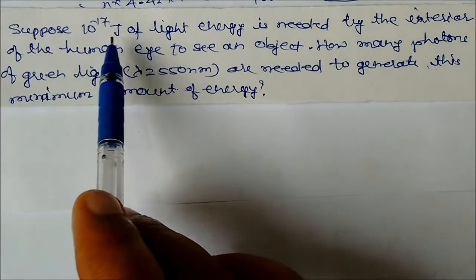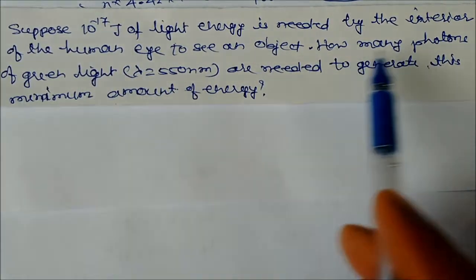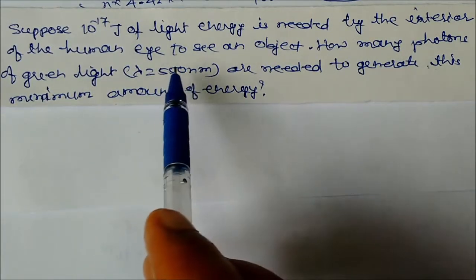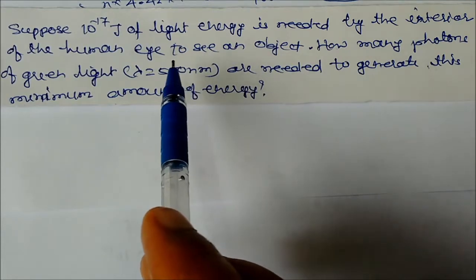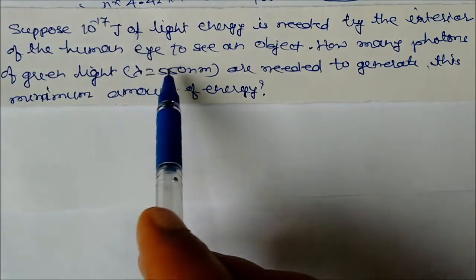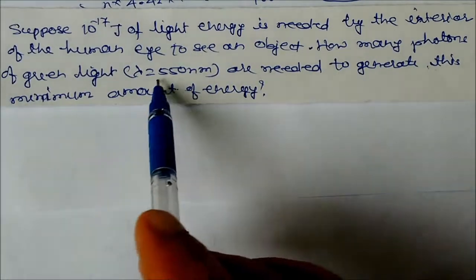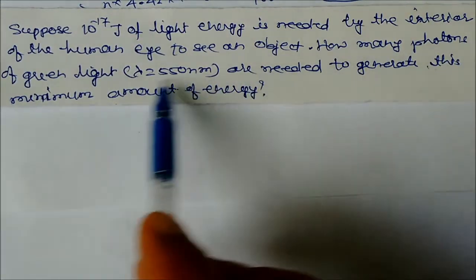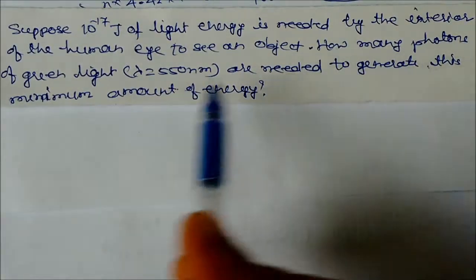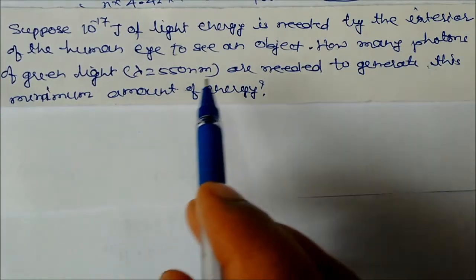So this much energy will be required by the human eye, and how many photons of green light are needed to generate this minimum amount of energy? So what is the number of photons? First we have to find out here.